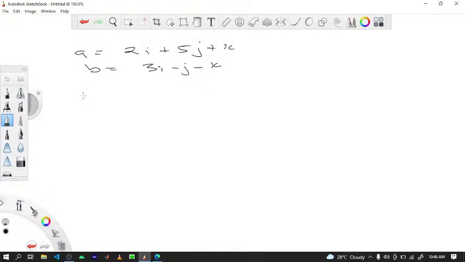Now, which vector is perpendicular to both A and B? How do you get a vector perpendicular to both A and B? For a vector to be perpendicular to both A and B, it means that vector should be the cross product of A and B. The cross product is the vector that is perpendicular to these two, so it would come out of these two, right?